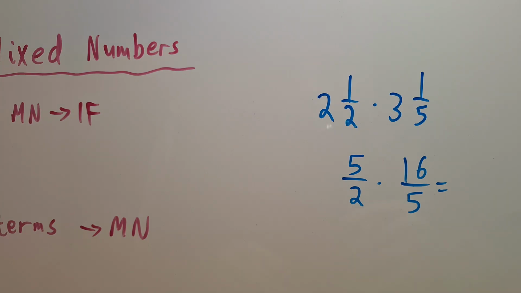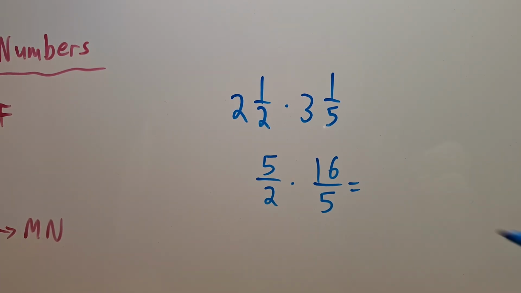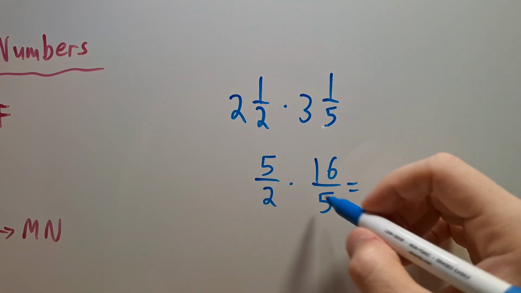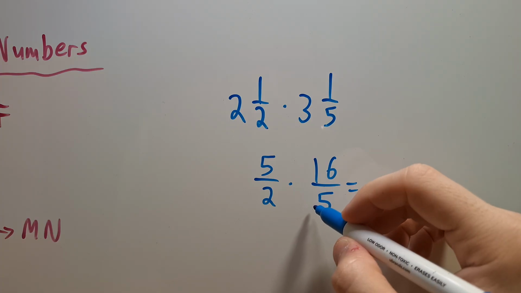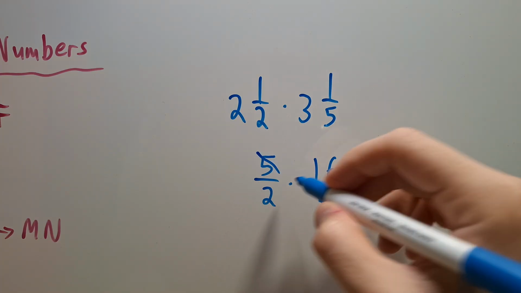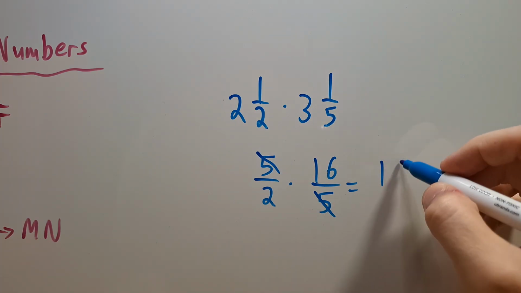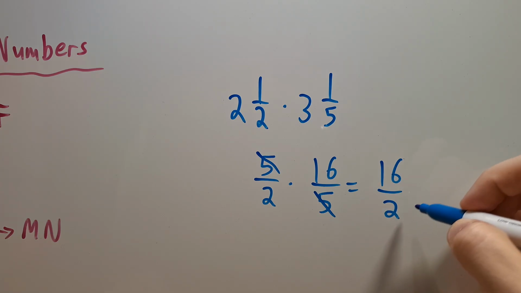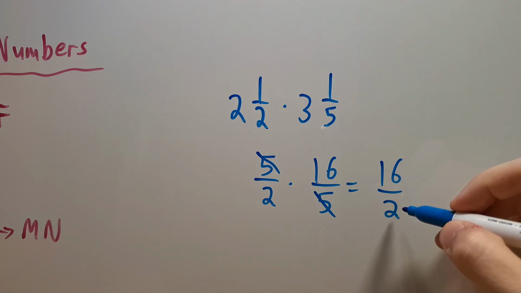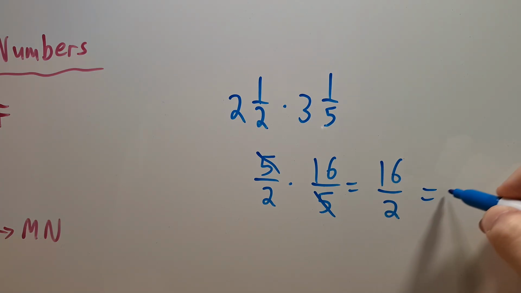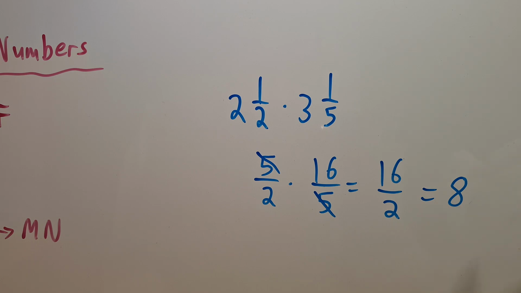Good news is, I've got a pair of 5s here. These can cancel out, so let's do that. Now I'm left with 16/2. This division results in 8. And that's the final answer, that's it.